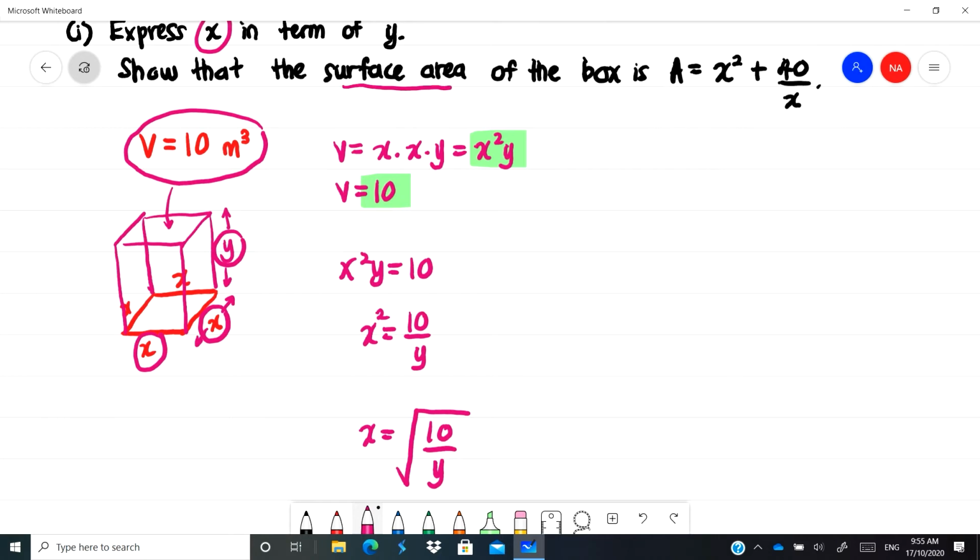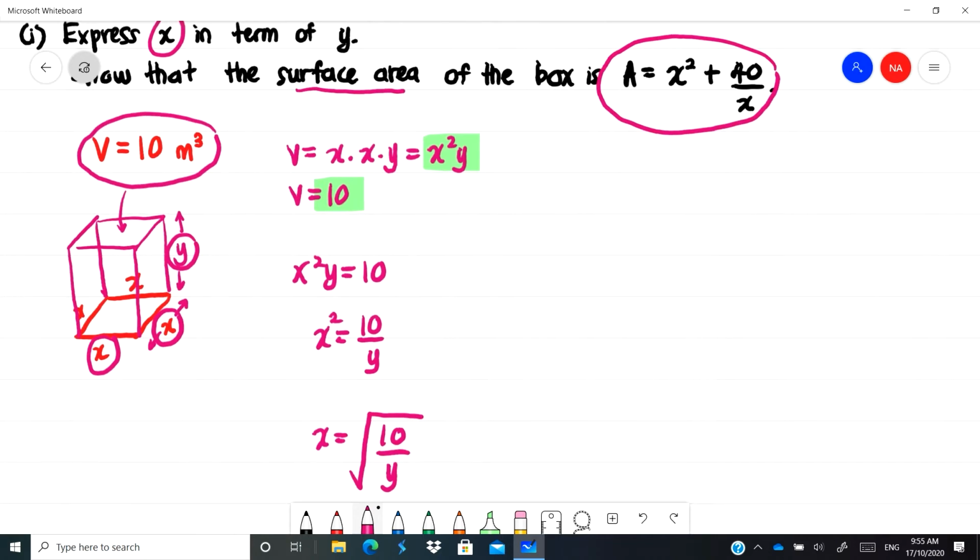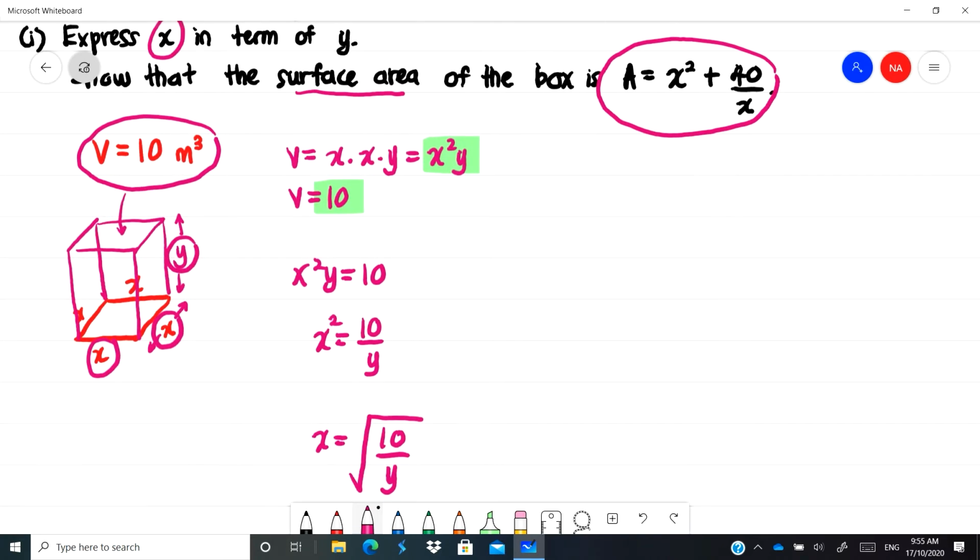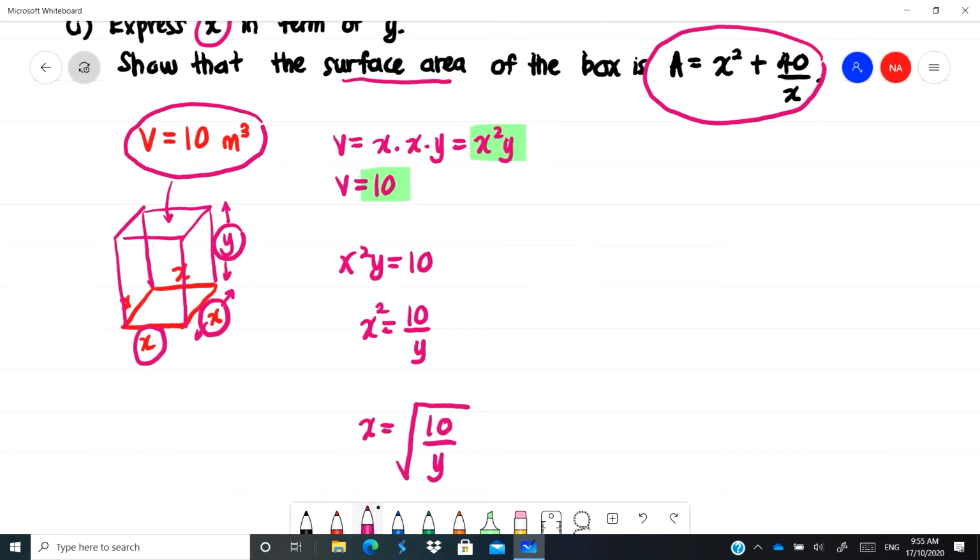We show that it is given by this formula. To do that, we have to find the total surface area. Firstly, I'll find the area at the base, which is x squared. Now I'm going to find the area surrounding the box.